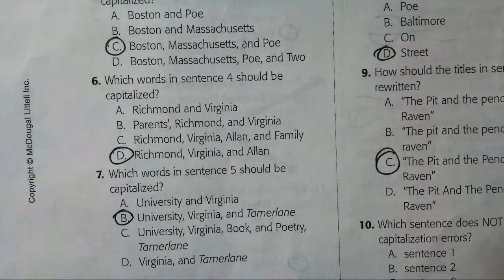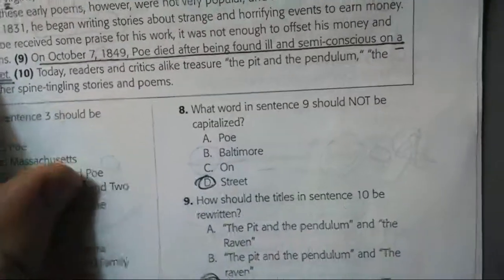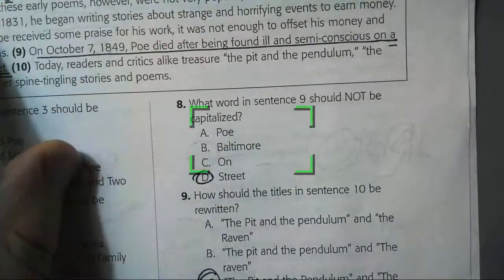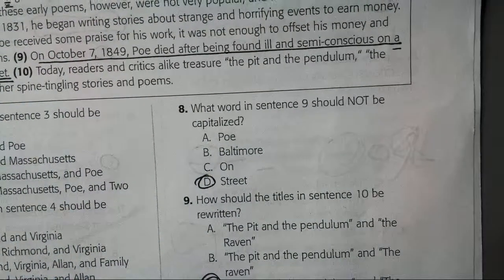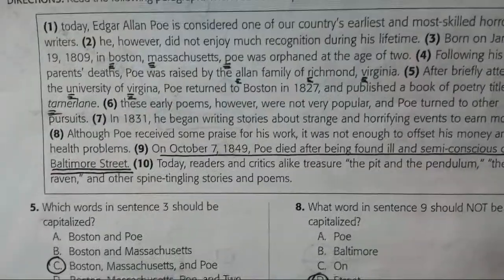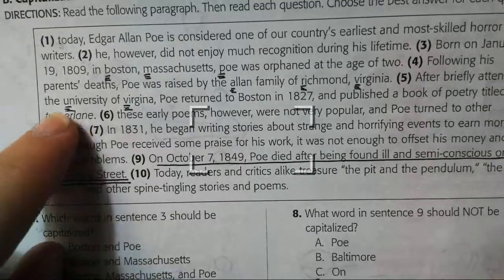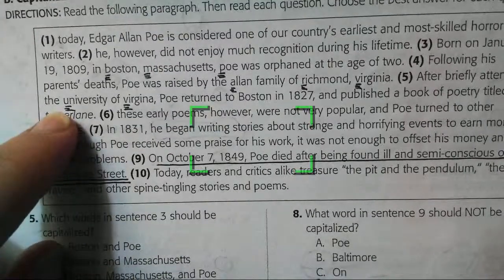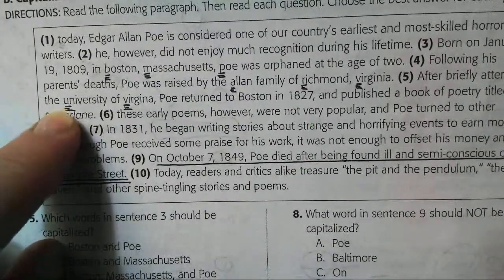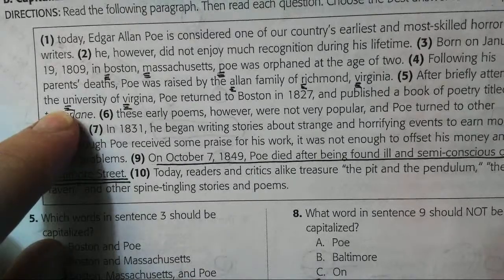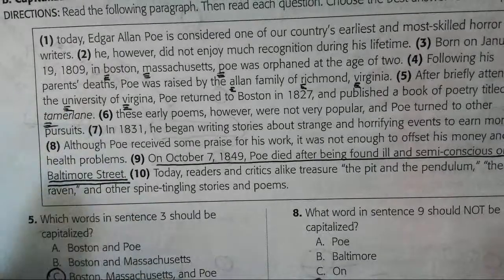Number 6, which words in sentence 4 should be capitalized? So following his, University of Virginia. That's like saying Thomas Russell Middle School. Okay. If we said Thomas Russell of the middle school, you want to capitalize of or that, right?